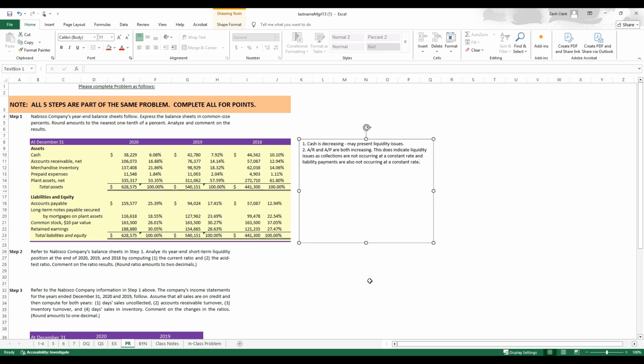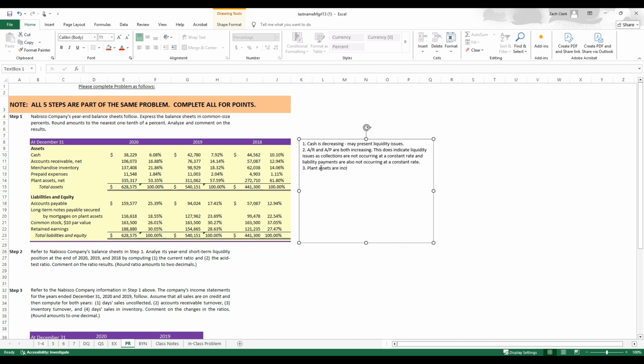So both those things are essentially saying we're not collecting as much money, so we can't pay down our debts as fast. So it's a little spooky. You might be a little worried about that. We might need to do more work on collections from customers.